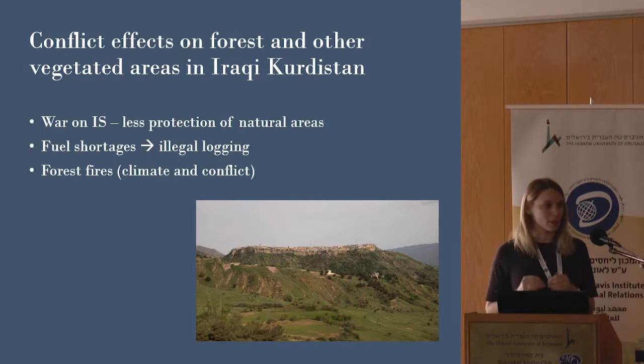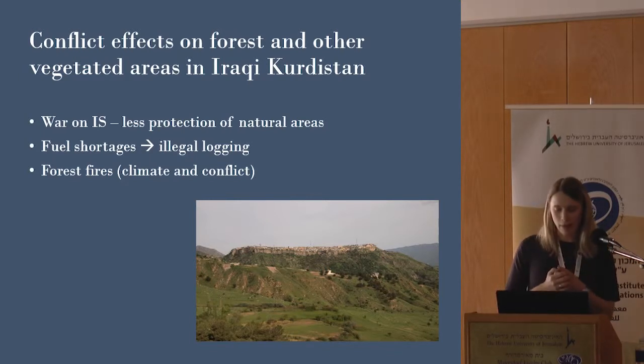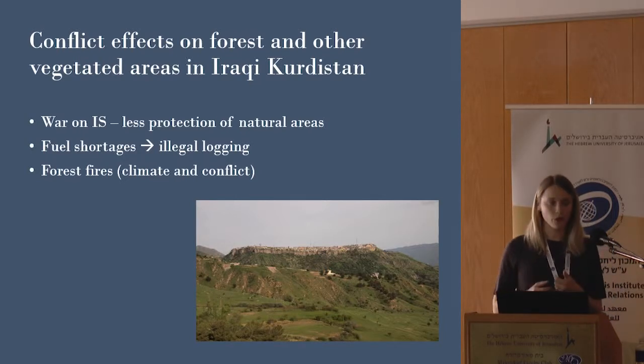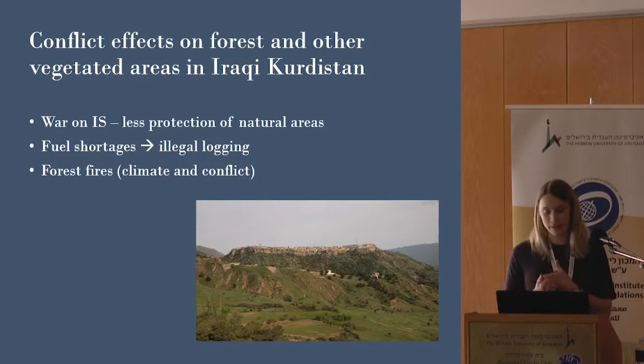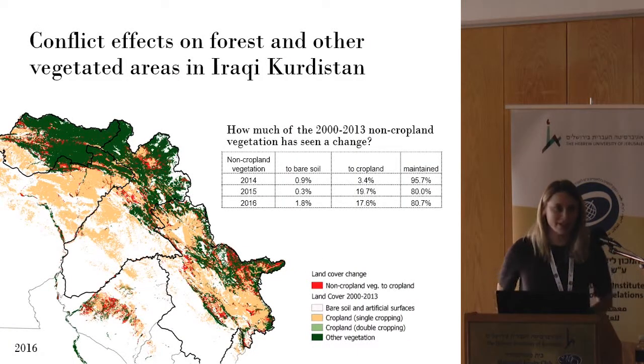These are from media reports, some really short narratives that I found. And then there have also been forest fires that are attributed to both climate, high temperatures, and conflicts. So I wanted to look into this and see if my data set could actually show us something about this.